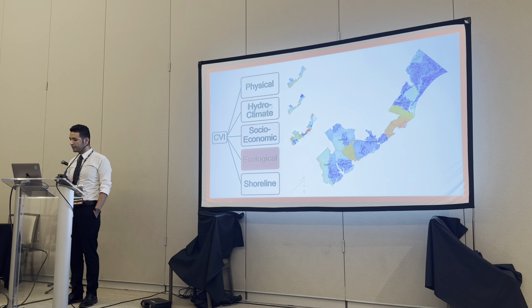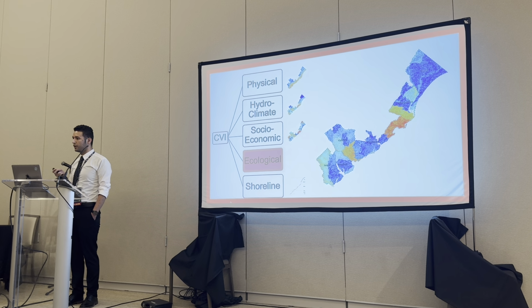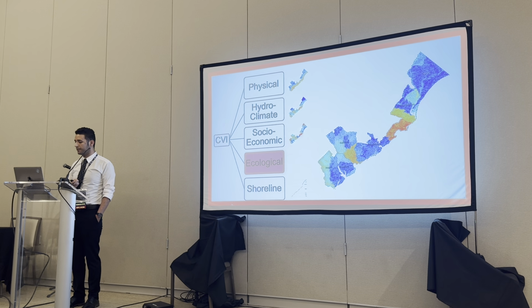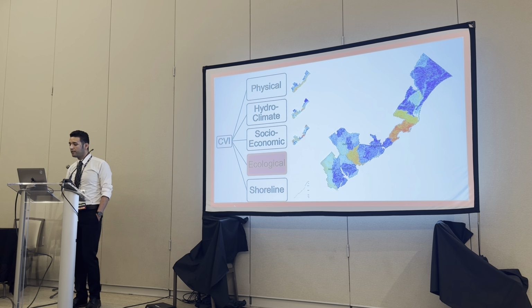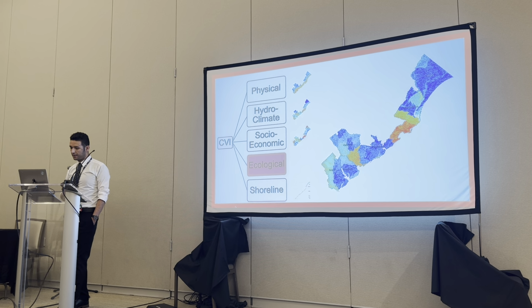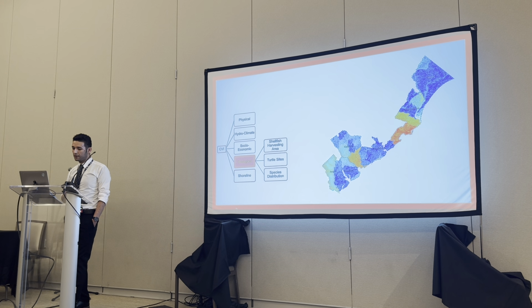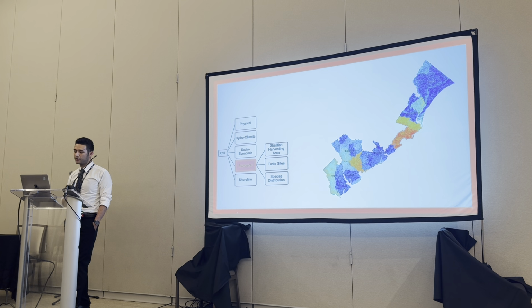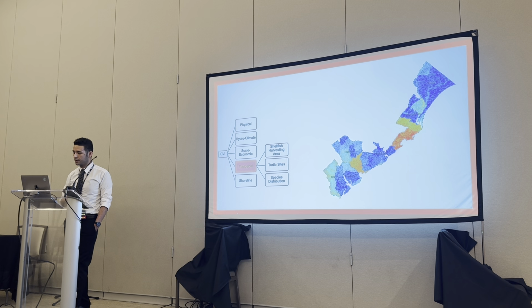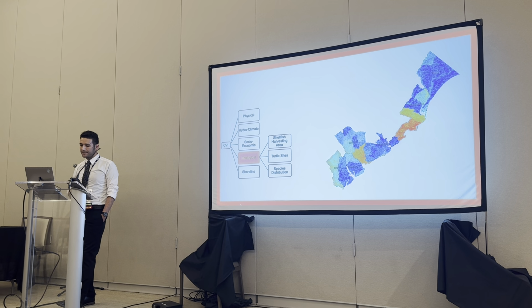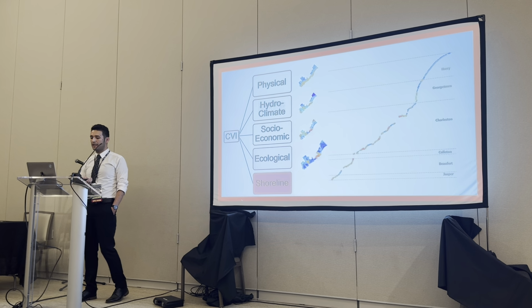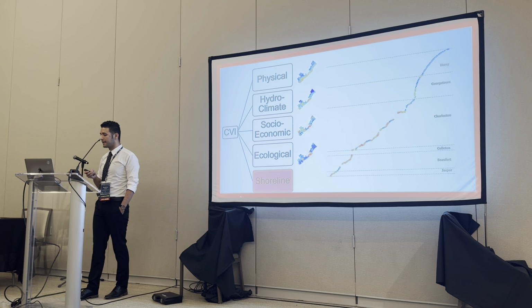The 4th factor was the ecological vulnerability index, or ECI. In this one, we focused on ecosystem factors. We studied shellfish harvesting area, turtle sites, and species distribution. Last but not least, we did a vulnerability index on shoreline.